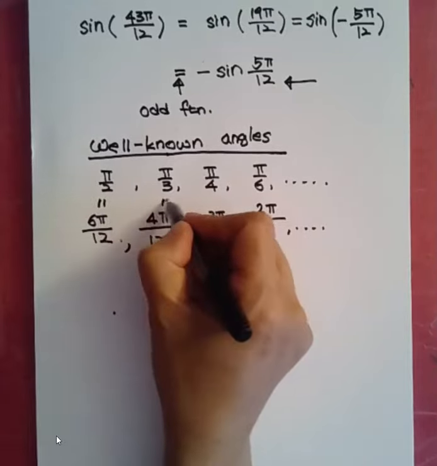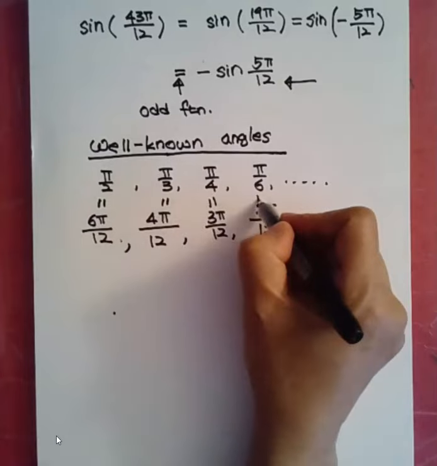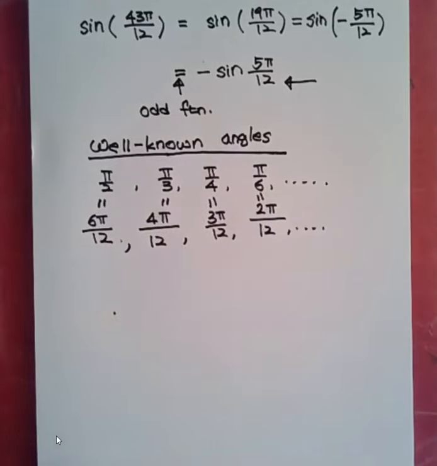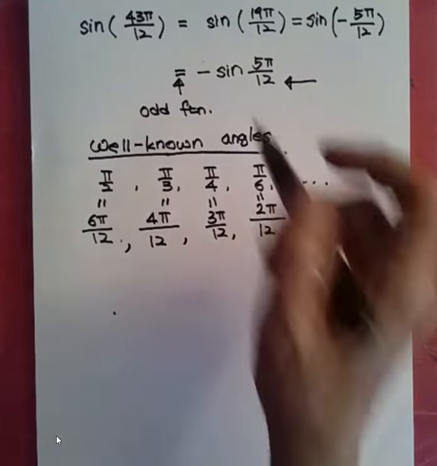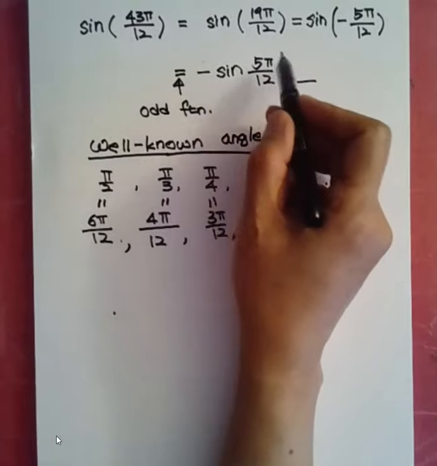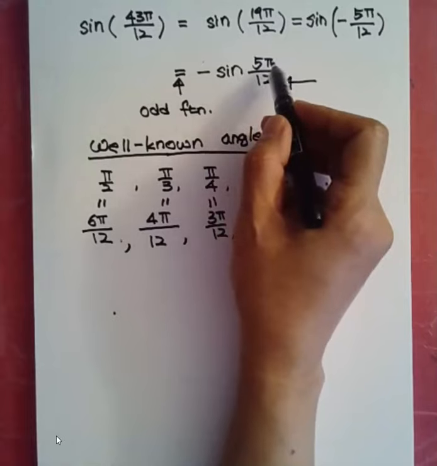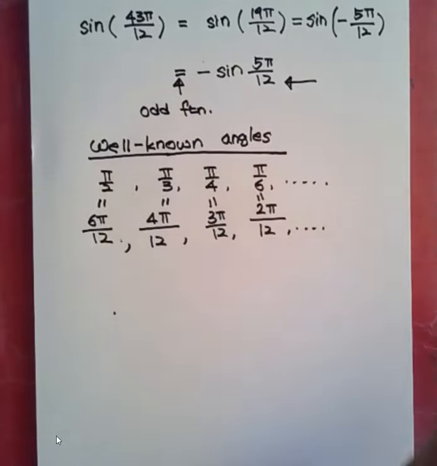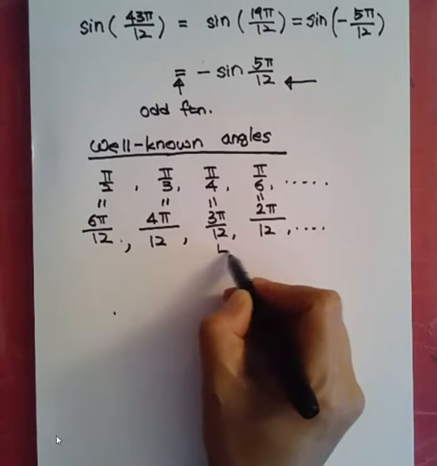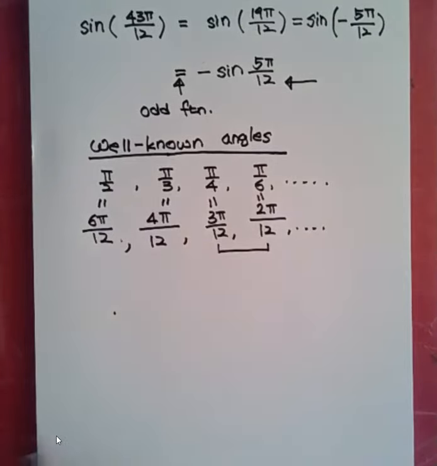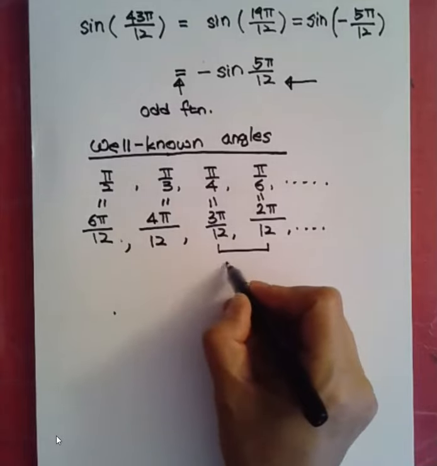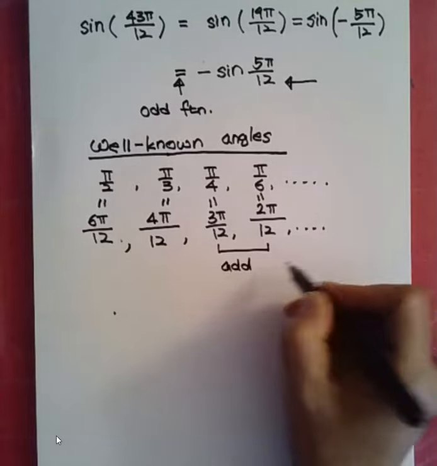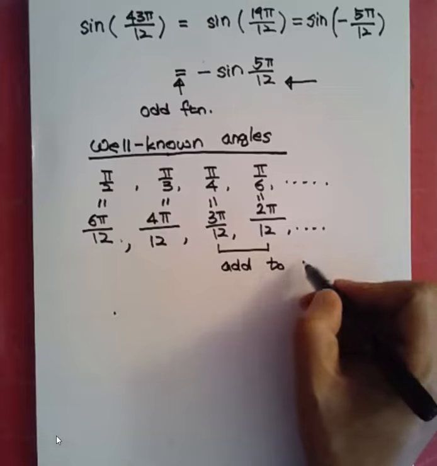We want to make 5 pi over 12 by combining two of them. If we add 3 pi over 12 and 2 pi over 12, then we will get 5 pi over 12.